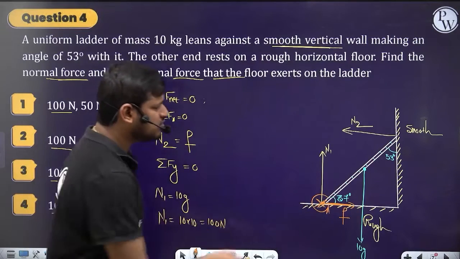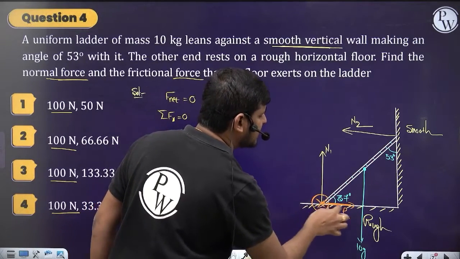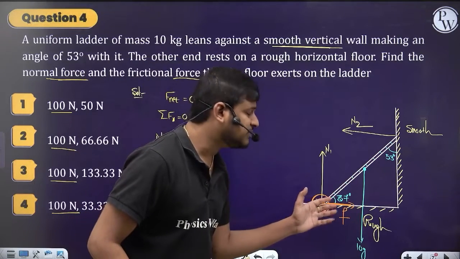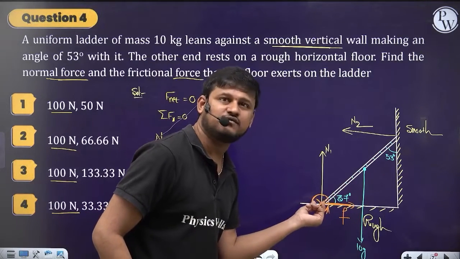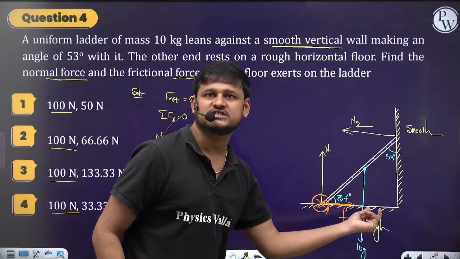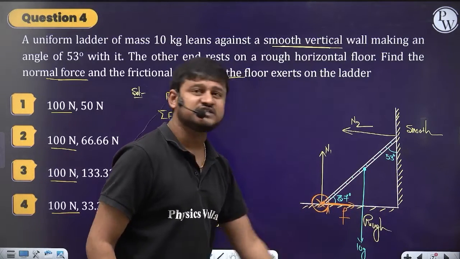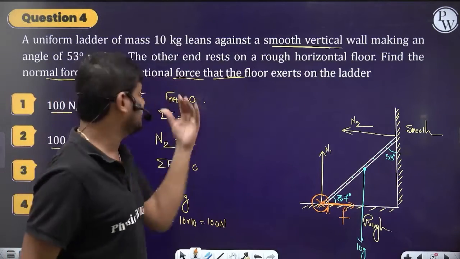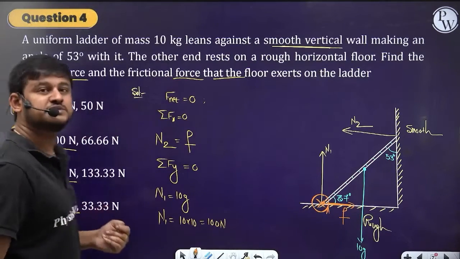If you take about this point, the torque due to friction will be equal to 0, because the frictional force is passing through the axis of rotation. So we can put 0, but there is no 0 option.